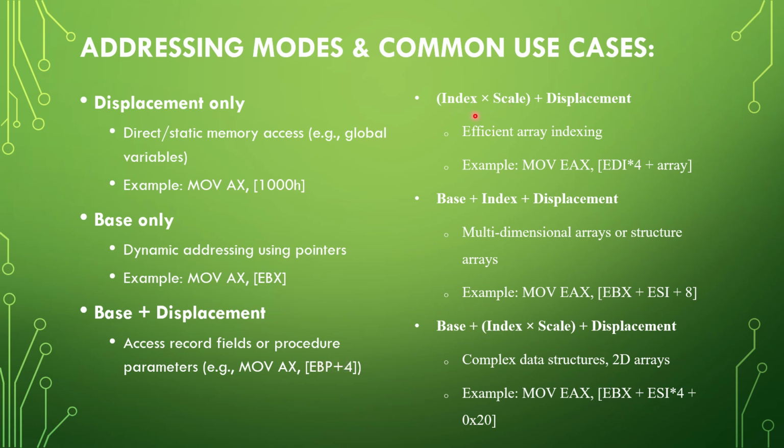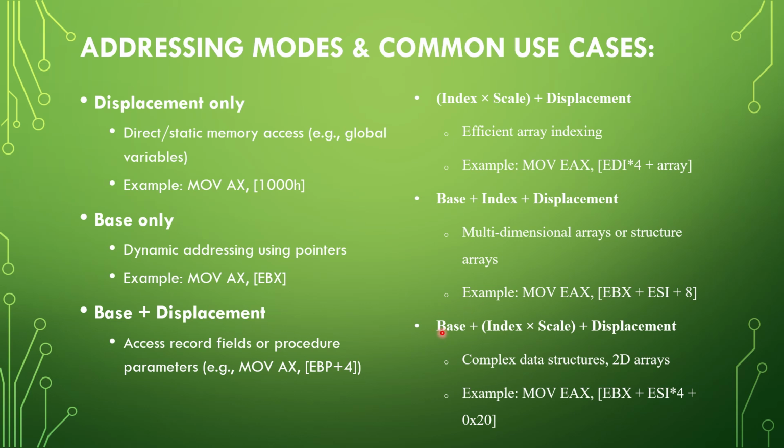Next one, index times scale plus displacement. This is another type of addressing mode, an efficient array indexing mode. For example, you can see the index into the array plus the corresponding index times scale plus displacement. Then comes base plus index plus displacement, used for multi-dimensional arrays or structure arrays, and the corresponding example is shown here.